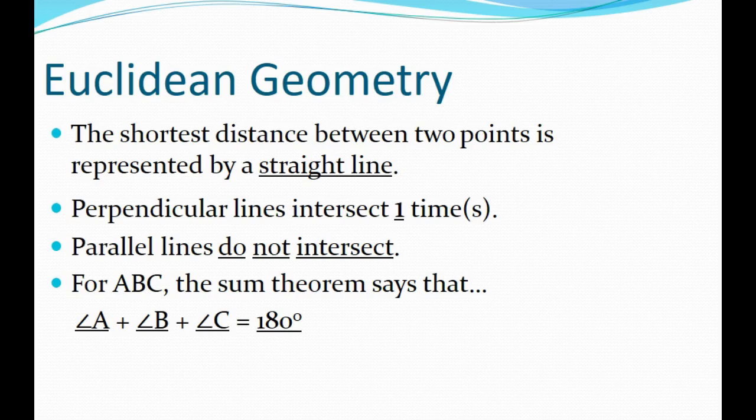Perpendicular lines intersect one time, okay? Parallel lines do not intersect. It's kind of the definition of it. And in a triangle, if you add up all 3 angles, it equals 180, okay? So those are some basic flat Euclidean geometry facts.